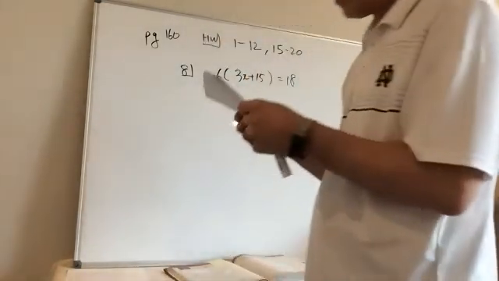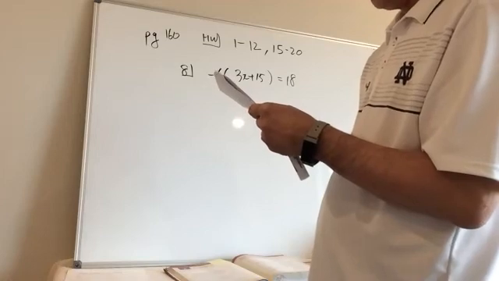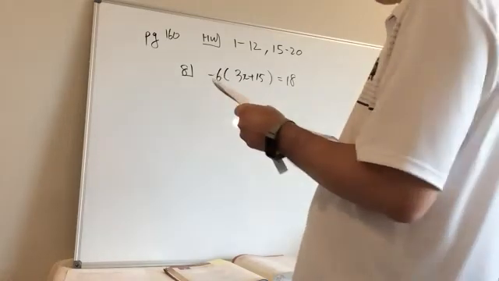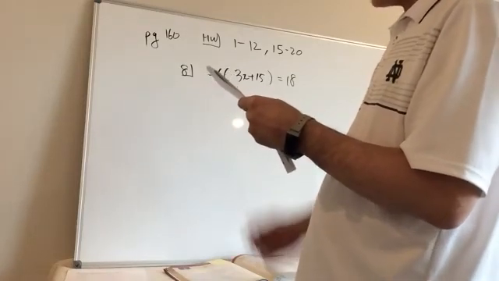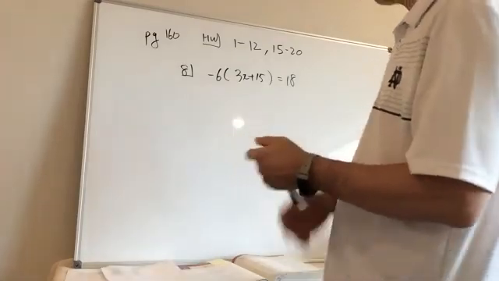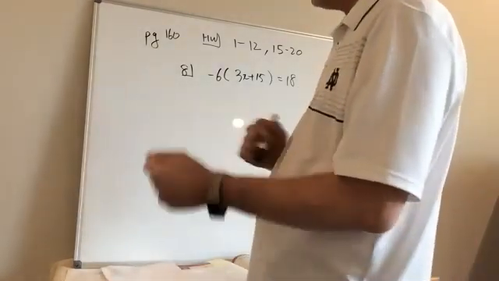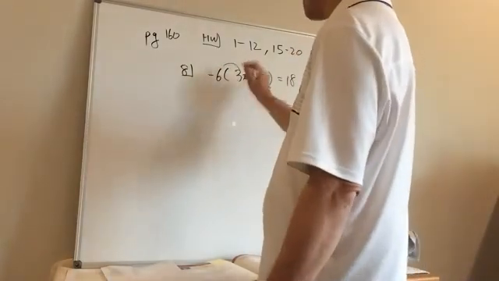Okay, so let's have Elijah do this for us. Would you start by multiplying -6 by 3x and 15? Okay, so what do we get first?